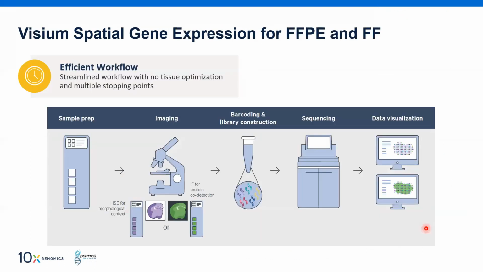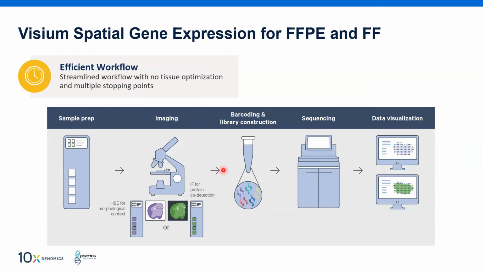Now, how exactly you have to do it, meaning what is the real biochemistry behind it. Since we are capturing data from the tissue section, we need a slide. And if you see, this particular slide has 4 capture areas in which you will be placing the tissue section. And ultimately, you have 2 options: either you can stain with H&E or you can stain with immunofluorescence, and ultimately you capture the image of the tissue.